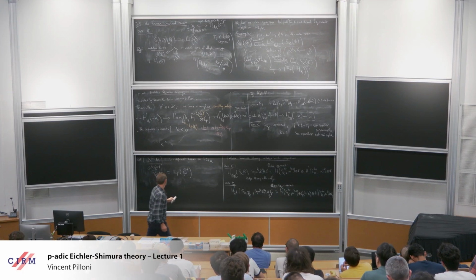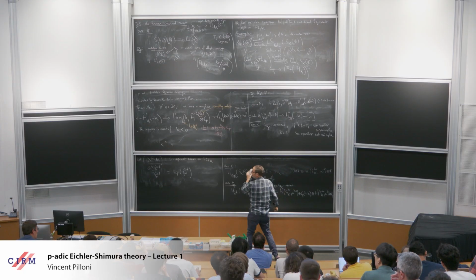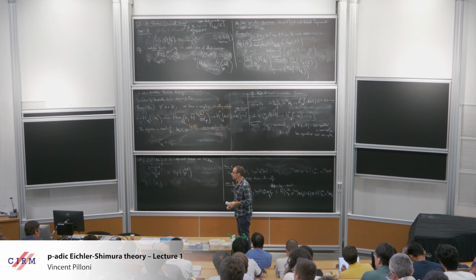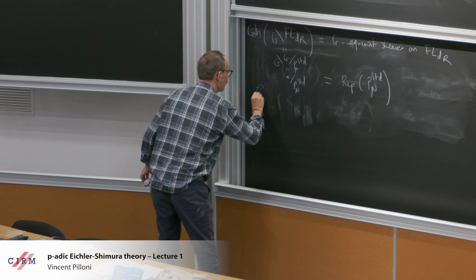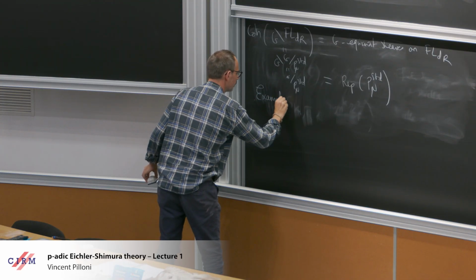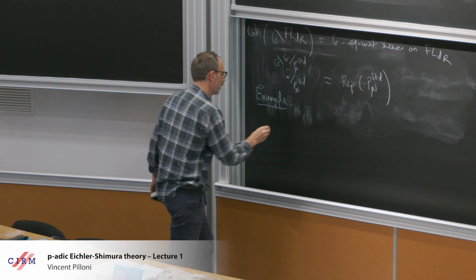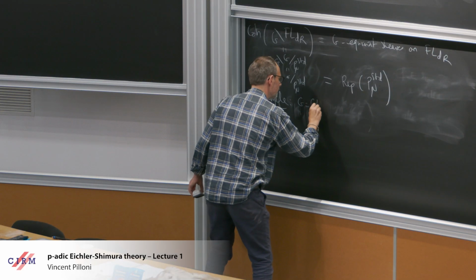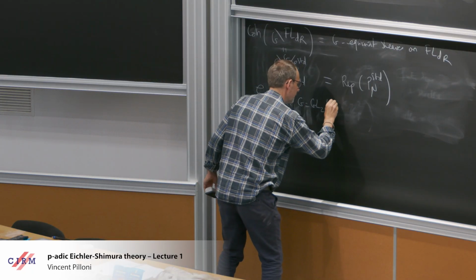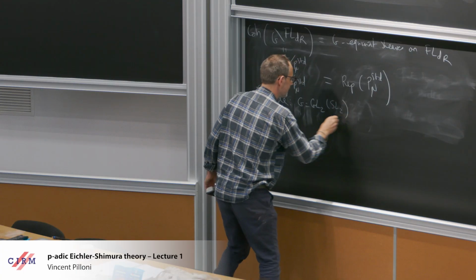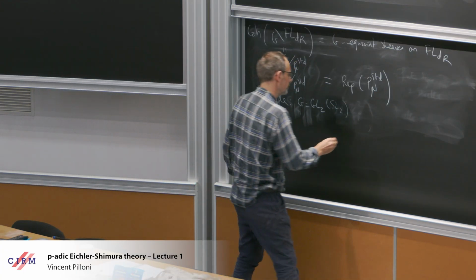So now, let me give some example of this. I was planning to do it later, but I think it's better to do it now. Let me assume that my group G is GL2. Now I do this abuse of notation: I will really think of SL2. I think this is common.